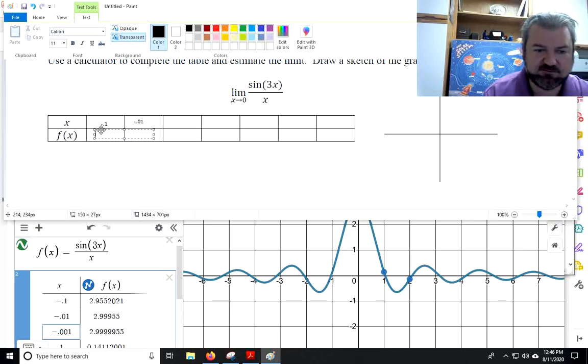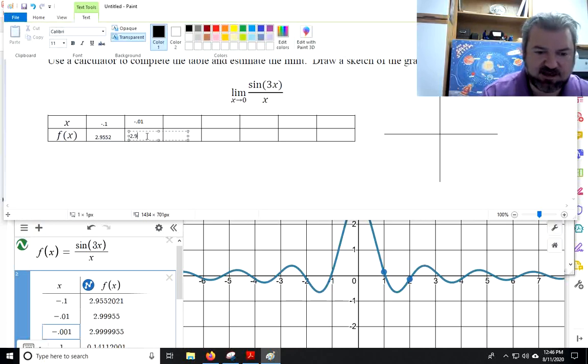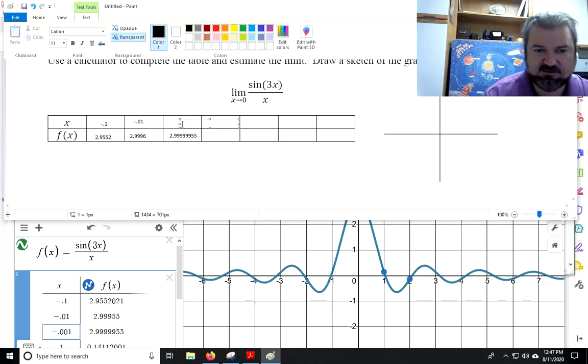All right, so that was just documenting our journey here. 2.9552, then we got 2.9996, then 2.9999. Well, that's basically 3.0, right? I'm going to add just a couple more decimals so you can see that it is not quite 3. But rounded to 4 decimal places even, that would be basically 3.